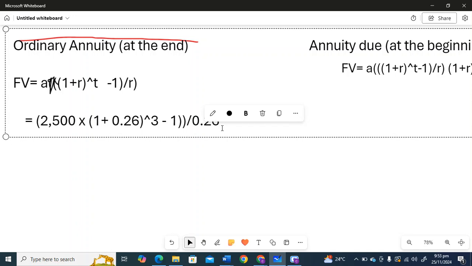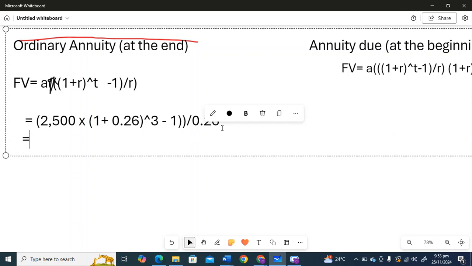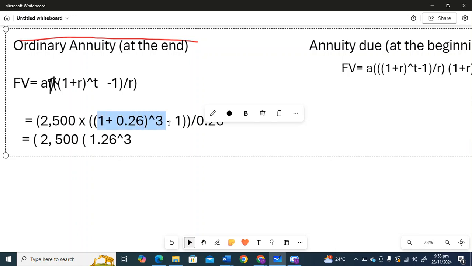Let's get our calculators. So 2,500 multiplied by 1.26 to the power 3. After we get 1.26 to the power 3, we have to subtract 1 immediately before we multiply.